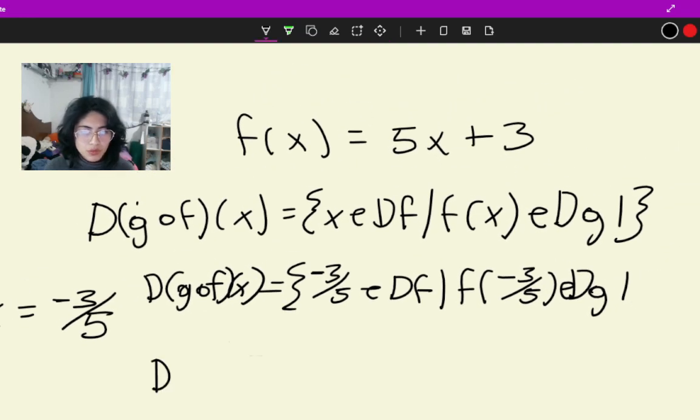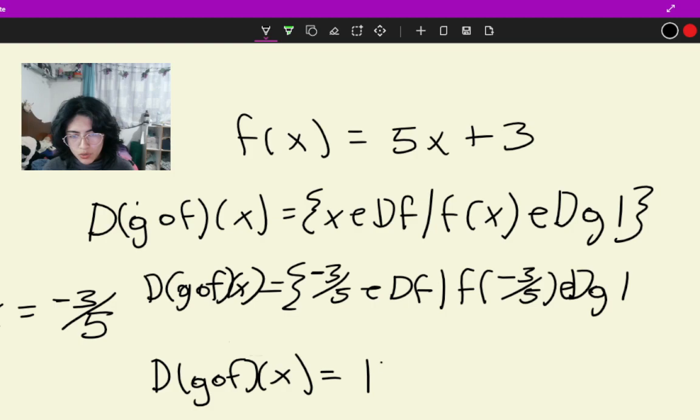And finally we write the domain like all the real numbers except minus 3/5.